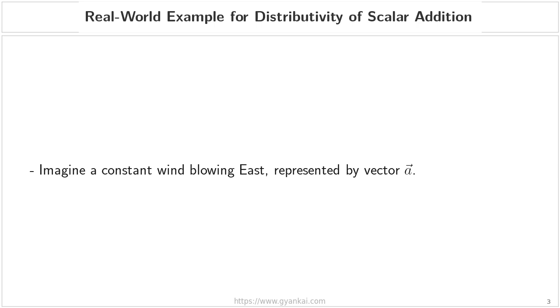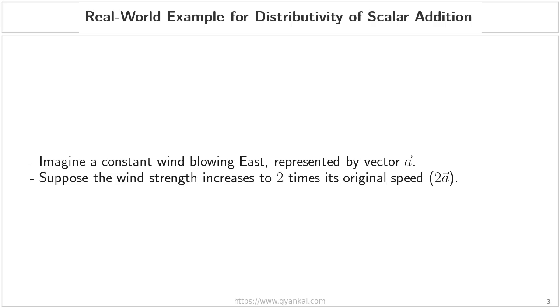Real-world example for distributivity of scalar addition. Now, to help you visualize the first law we just discussed, let's look at a practical scenario. Imagine we have a constant wind blowing towards the east, and we can represent this initial wind strength using the vector a.